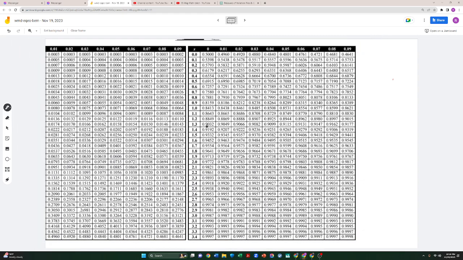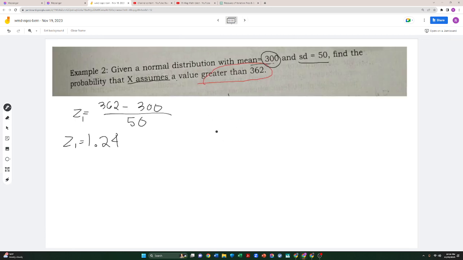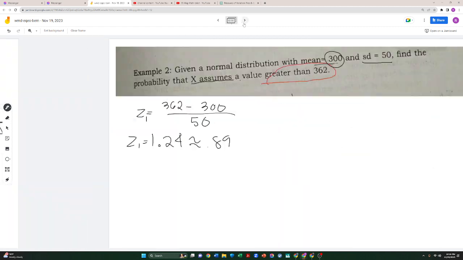So, therefore, 1.24, di ba? Mag-start ka sa 1.2 pa, 1.2 ara, then 4, pangita kag 4 diri, which is ara. So, therefore, it is 0.8925. Remember, 0.8925. So, approximately 0.89, kalimot jud 25.